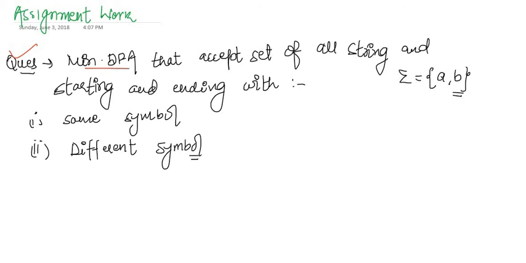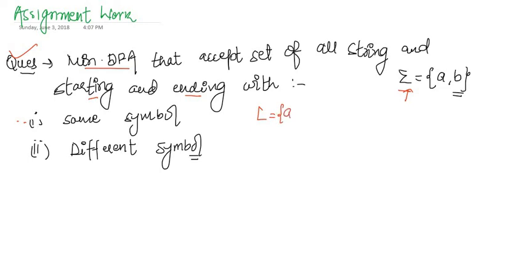In this question you have to construct a minimum DFA that accepts the set of all strings over the alphabet A and B only, where the strings start with A and end with B. This is one where the starting and ending symbols are different. So for this, first write the language.